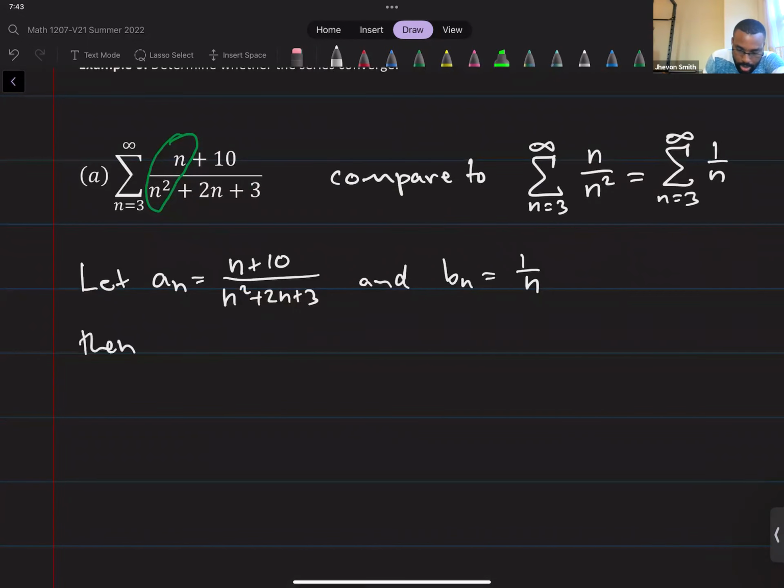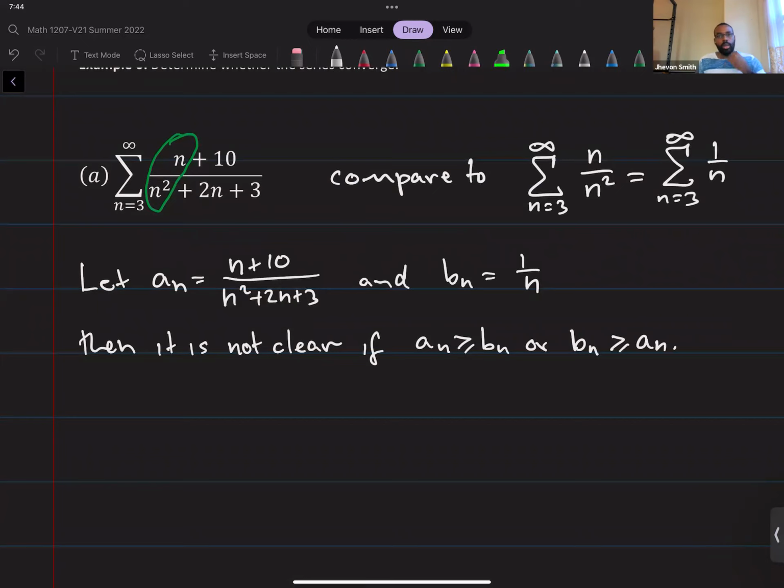Then you will notice it is not clear if an is greater than or equal to bn, or bn is greater than or equal to an, right? Why? Because look at what happened to go from one to the other. I had to ignore a plus 10 in the numerator, which means I made the numerator smaller to get the new one. So that should make the entire fraction smaller.